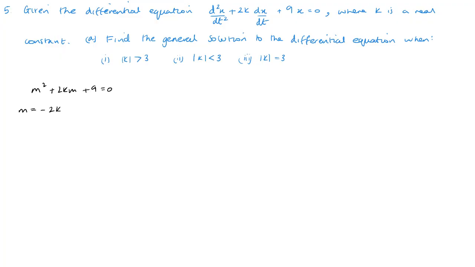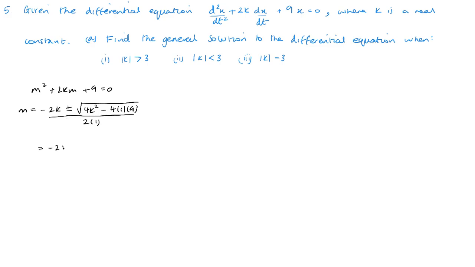So minus 2k plus or minus square root of (2k) squared, so 4k squared, minus 4 times 1 times 9, all over 2 times 1.